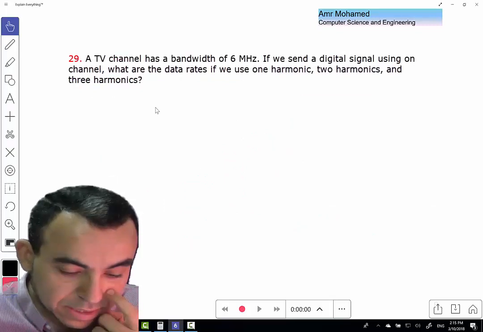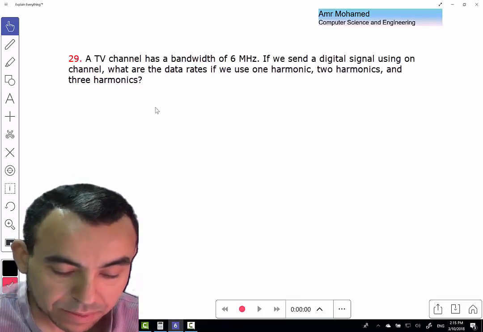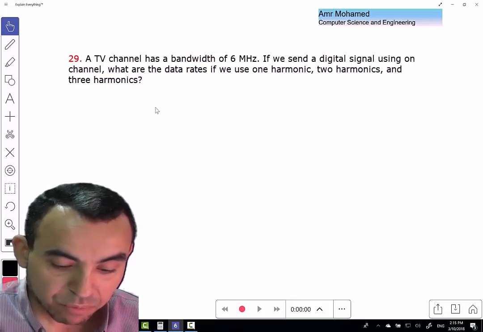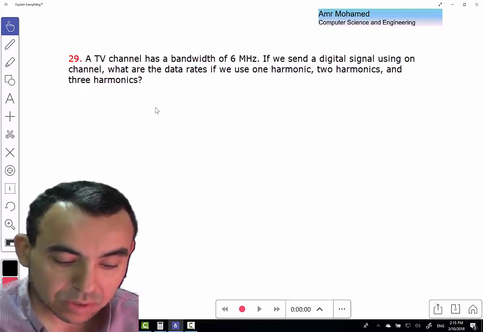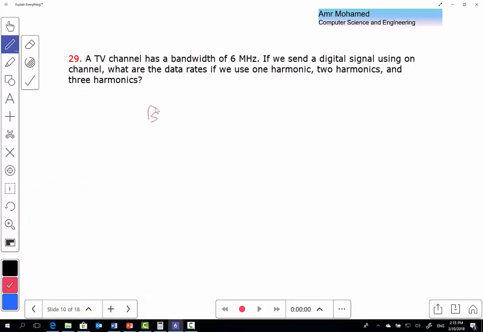Okay, so this exercise here talks about a TV channel that has a bandwidth of 6 megahertz. If we want to send a digital signal using one channel, what are the data rates? Remember the equation that we have discussed in class. The bandwidth for the case of one harmonic is actually n over 2.